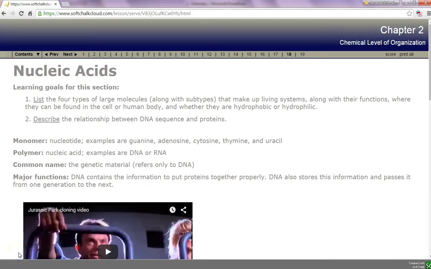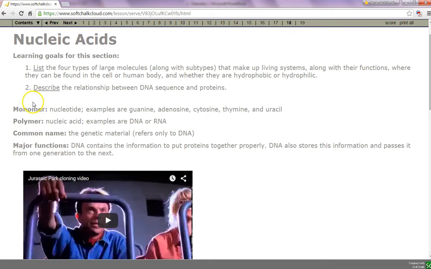Okay, and so the last type of large molecule, the last type of macromolecule that we're going to talk about is nucleic acids. And so let's go ahead and go through this part. So for nucleic acids, the monomer is called a nucleotide, all right?